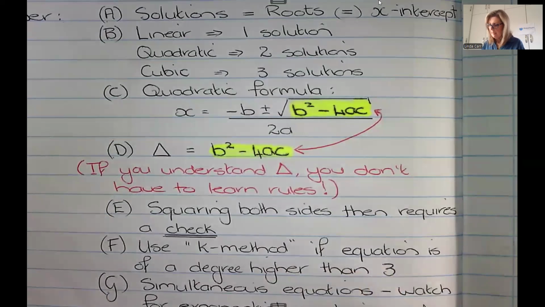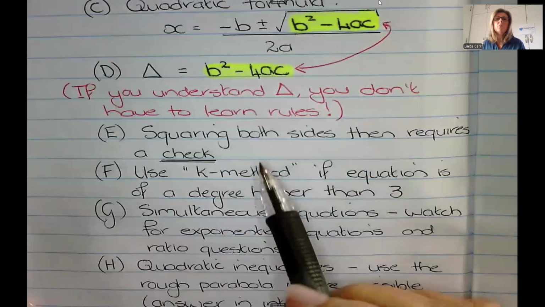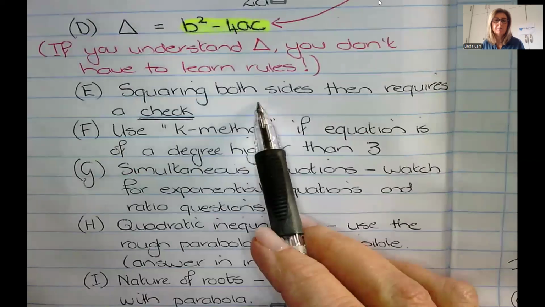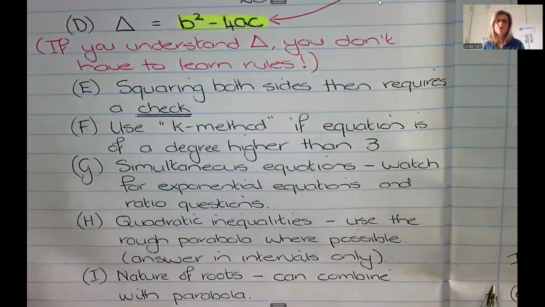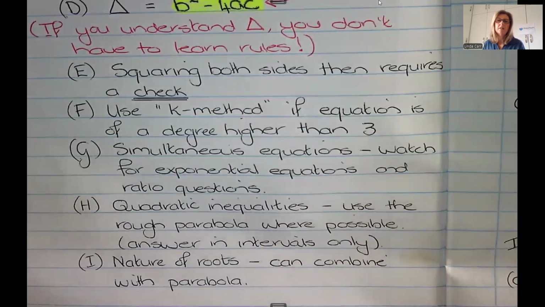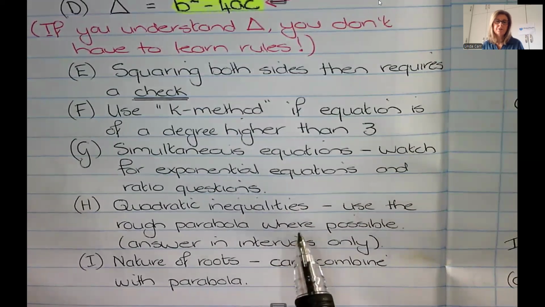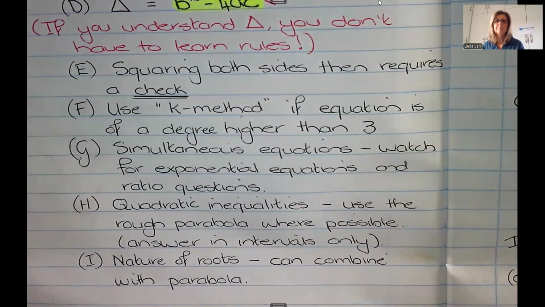Okay, then your different types of equations. Obviously, if you're doing the squaring both sides type, remember that you have to check your solutions at the end. Why? Because you've turned a linear equation into a quadratic equation when you square both sides. And so one of your solutions might well not be valid.